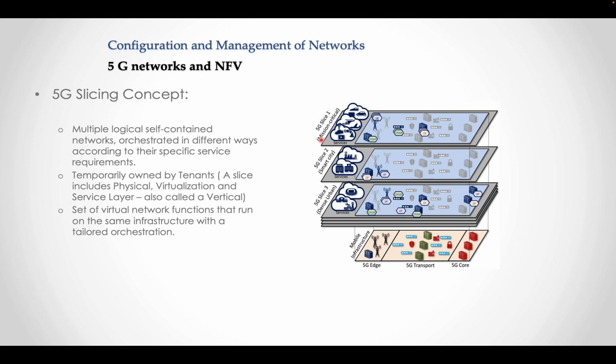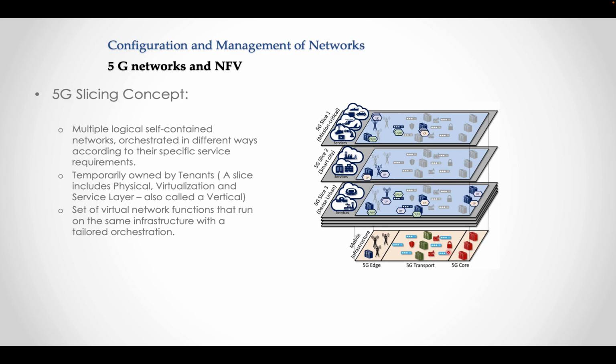And this is the problem in these slices. So we have slices where the problem is broadband, we have slices where the problem is having low delay, we have slices where the problem is dealing with a huge number of hosts. And each of them has to be built and orchestrated in a certain way.